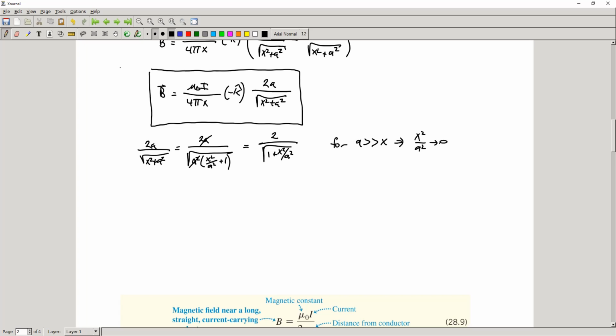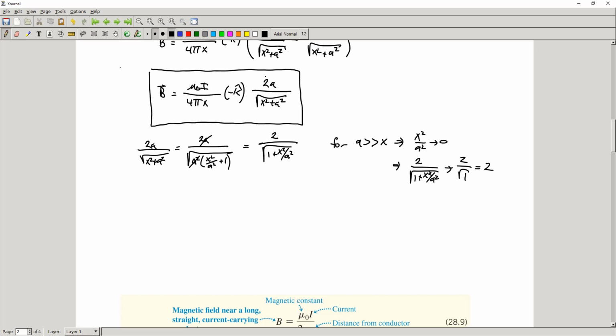And so this means that our 2 over square root of 1 plus x squared over a squared basically goes to 2 over square root of 1, which is 2, right? And so in that case, we can replace this whole right-hand side last factor here with just the number 2.